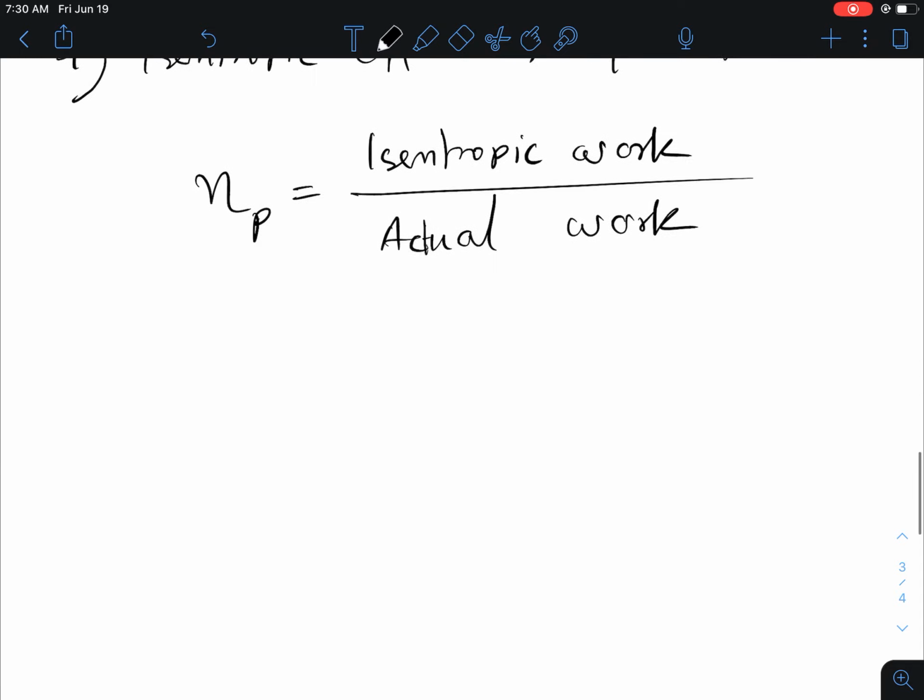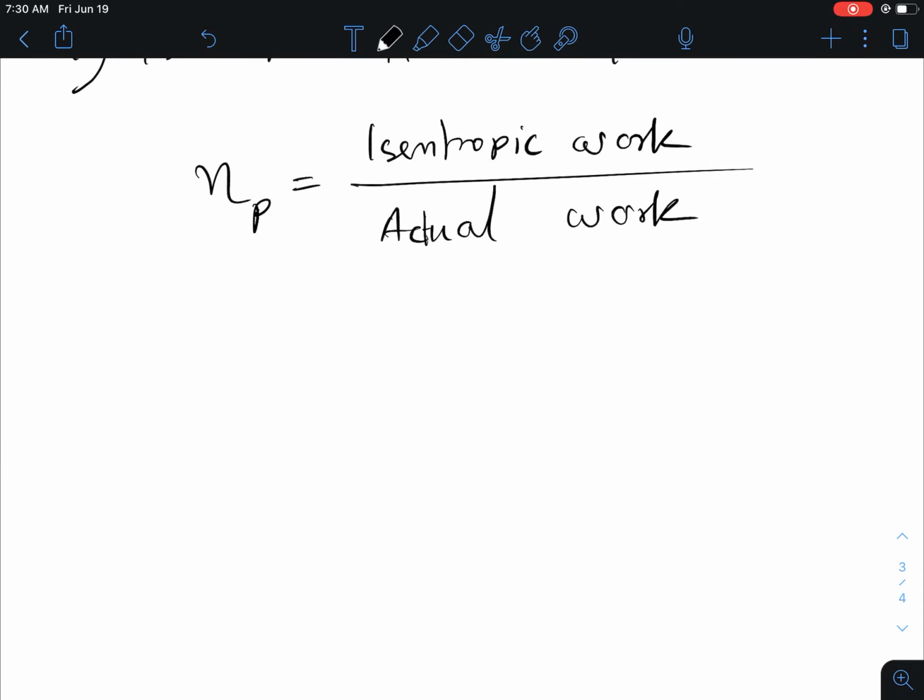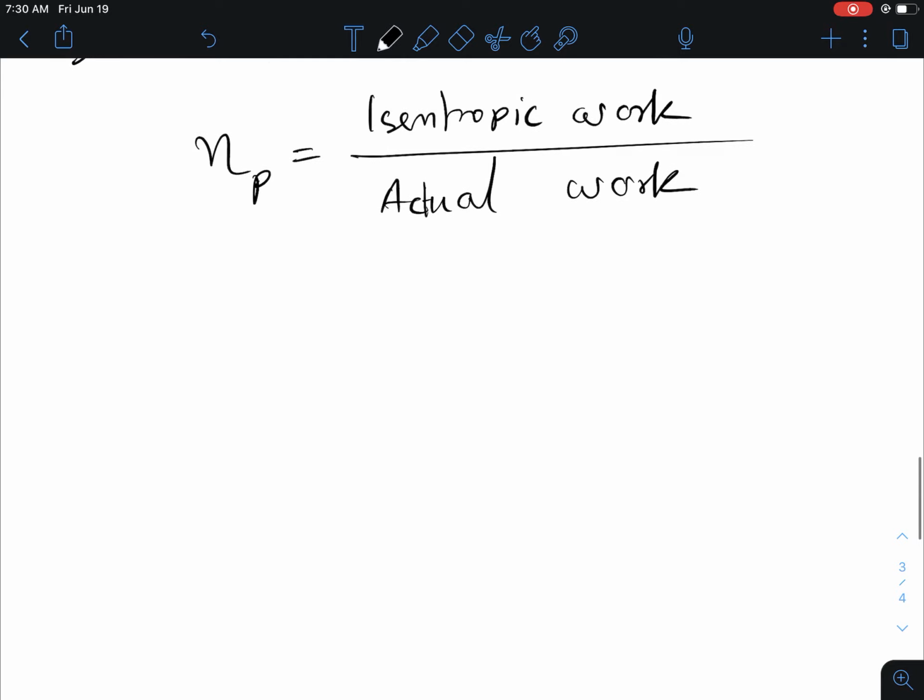For the isentropic work of a pump, in the last class we did a reversible steady flow device, and it was a pump, and we solved the problem, and we also derived the equation for the work consumed by that device. That expression was V times (P2 minus P1), right?